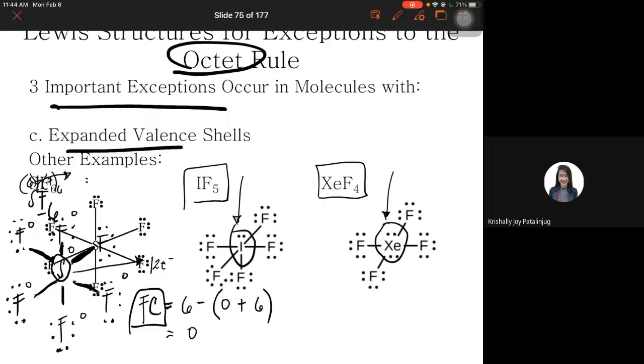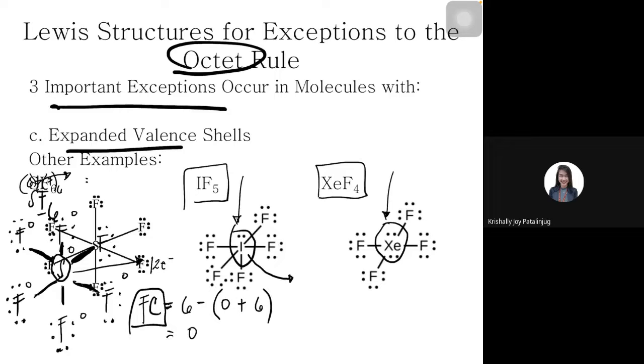Si iodine, ilan yung surrounding electrons niya dito? Sige, you tell me. Surrounding electrons ni iodine. That is, okay, that's 12 electrons. What about xenon here? How many surrounding electrons? Okay, it's also 12 electrons.